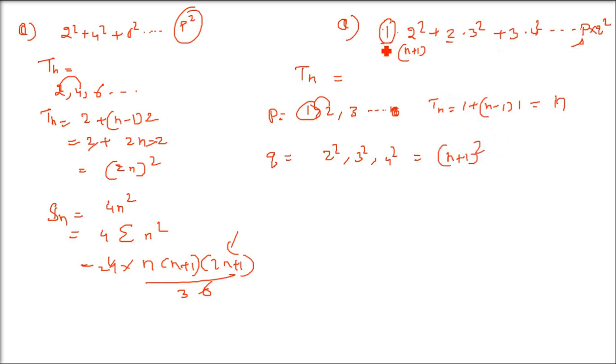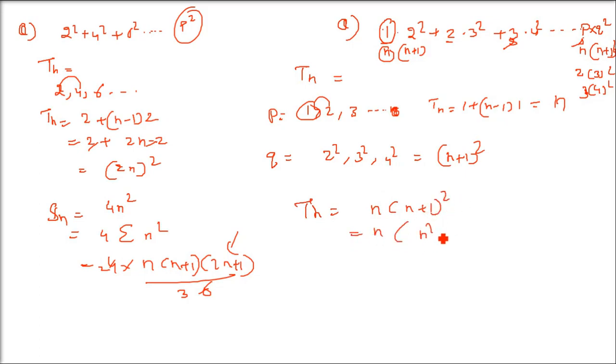If we started with 1 square, 2 square, the final term would be n square. So when we started with 2 square, it will be n plus 1 whole square. So you have the final term as n into n plus 1 whole square. You can check it also. So Tn will be n into n plus 1 whole square.